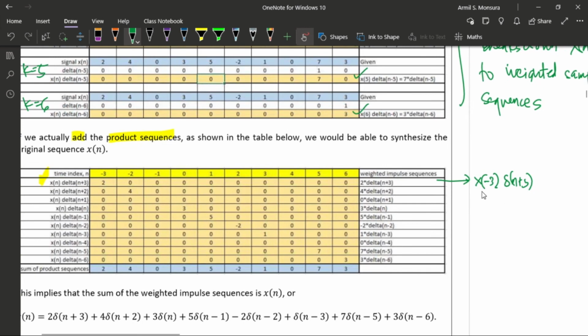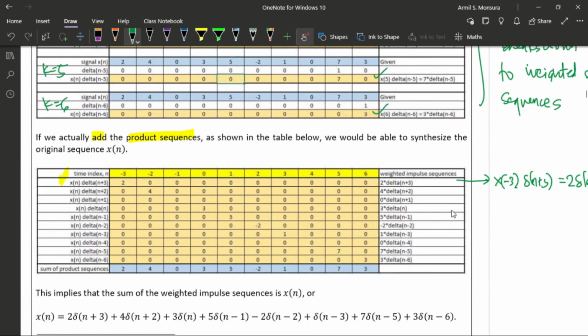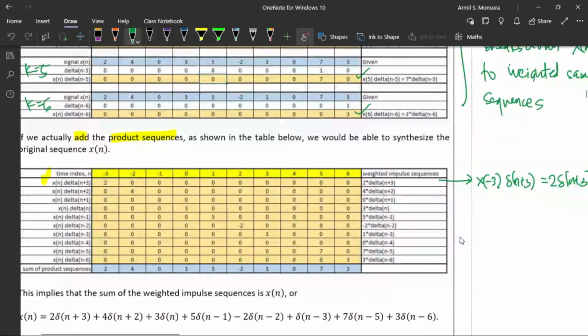The x of negative 3 natin is 2. So 2 delta n plus 3 ito. So yun yung unang product sequence na nakuha natin.